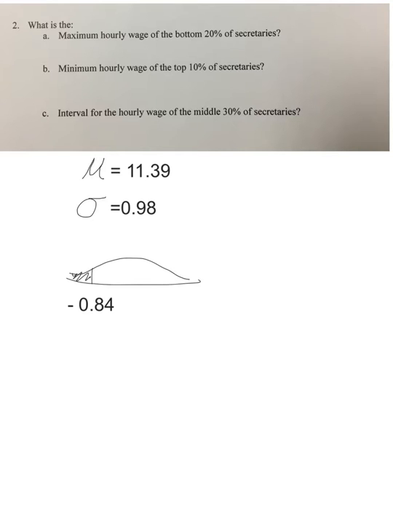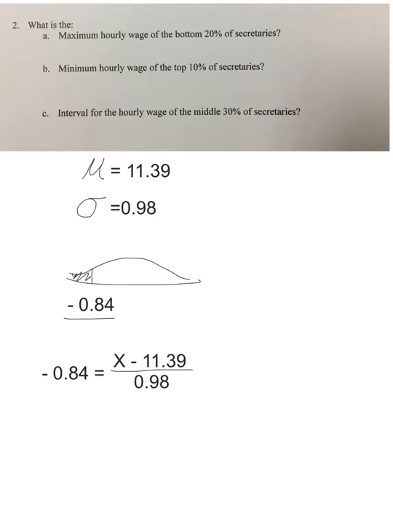So now I'm going to go to my z-score formula, my standard formula. I'm going to plug in that negative 0.84, but I'm going to use the manipulated formula for this one, where I'm actually going to use this number, because this tells us how many deviations below we are. So go ahead and watch how I set this up. Now that I have this, all I want to do is algebraically manipulate it.